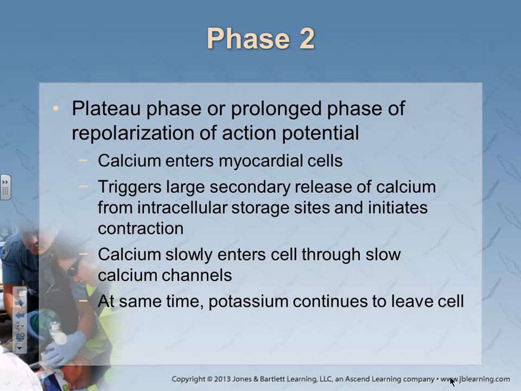So really and truly, all of your depolarization is occurring in what phase? Phase 0, right? Phase 0. The rest of the phases is repolarization. So we've had that sudden jolt, we've got that sudden change of electricity, and now they're starting to slowly repolarize.